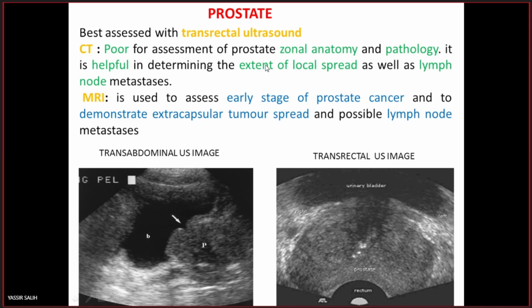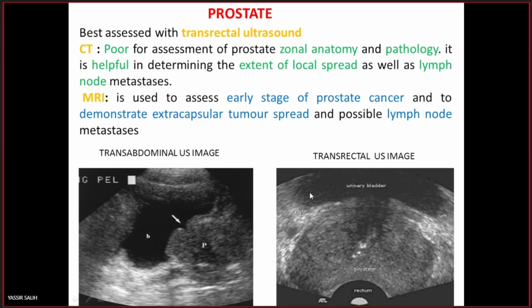And sometimes we can do this by insertion of the probe, with a special designated probe. This probe can be inserted through the rectum for assessment of the prostate. So the best imaging technique for assessment of the prostate is transrectal ultrasound, not transabdominal ultrasound.